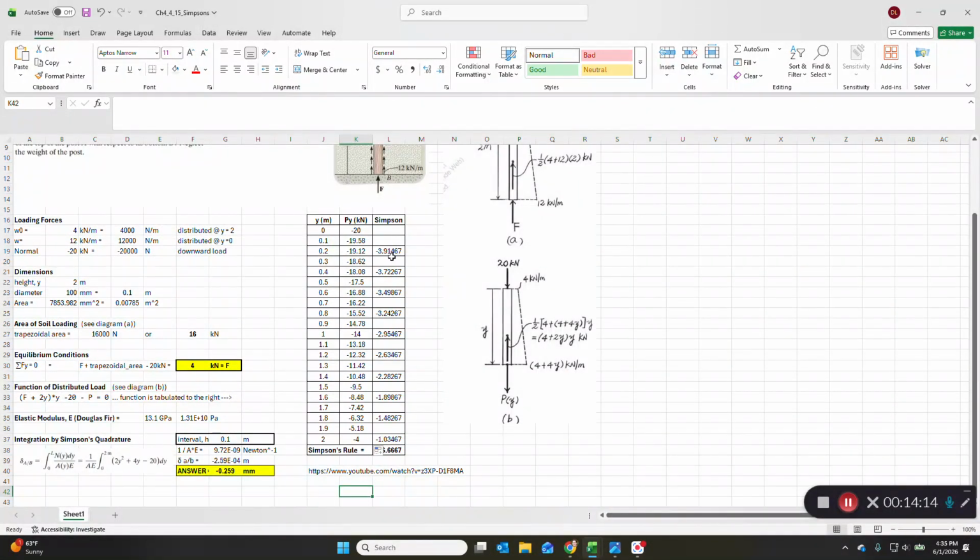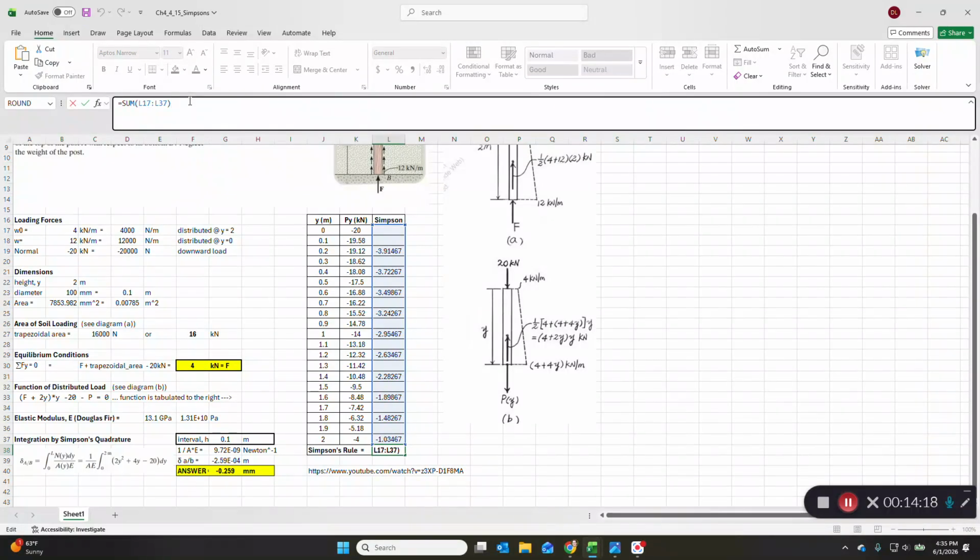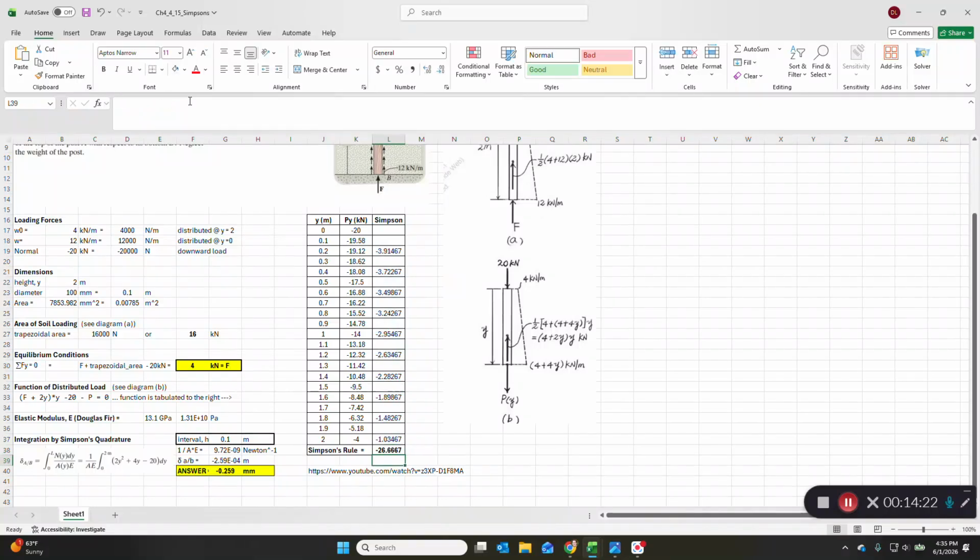So it's a summation here, in this case, of all of those Simpson's rule quadrature calculations, and we get minus 26.6667. Well, that's not the solution, because that's just the integral over this range. So what we have to do is go back into the equation here and say, well, we've pulled out 1 over AE in this integral ahead of it as a constant.